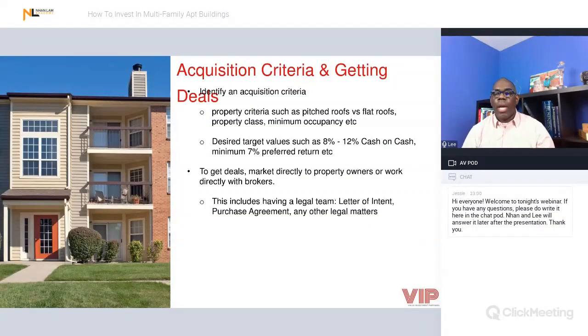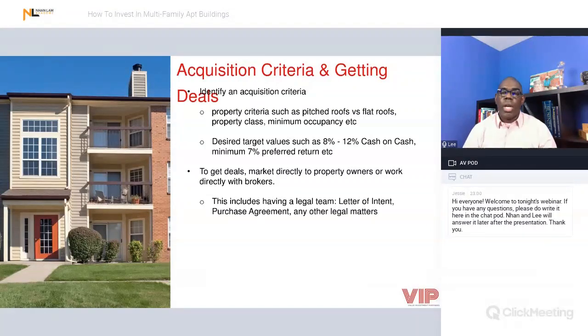So it goes from A, B, C, and D. A's and B's are basically fairly new assets. It's a class A property if it was just recently built. The builders usually build that from the ground, and then they transition it over. After it ages for a little bit, it goes down to B. B's go to C's, and C's go to D's.